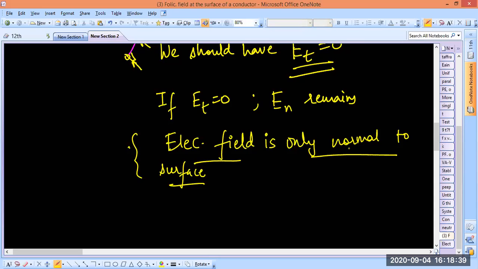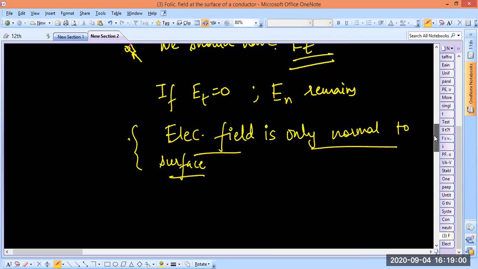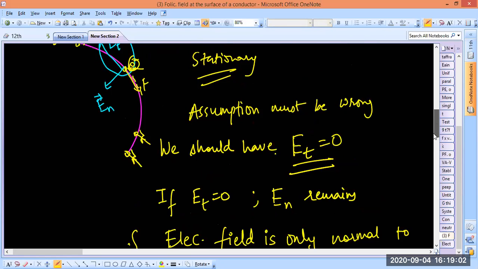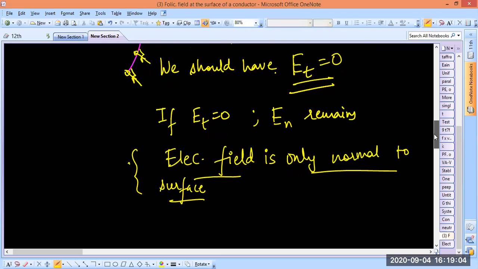And third, inside the body of the conductor there is no charge. All the charge is on the outer surface, it cannot be in the body. So those are the three properties. Now based on this we are going to the next property.